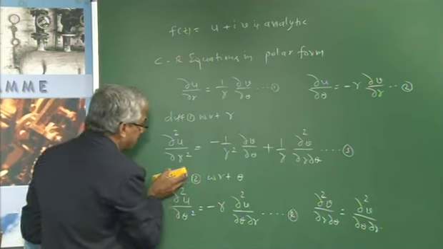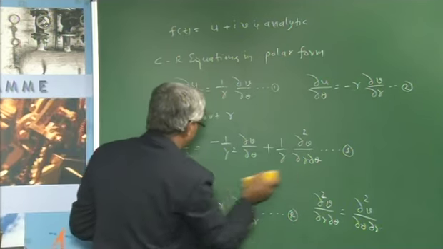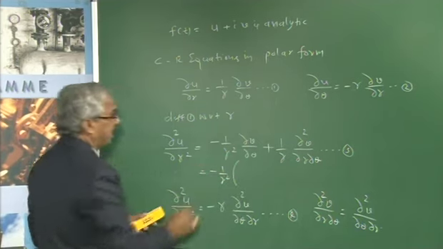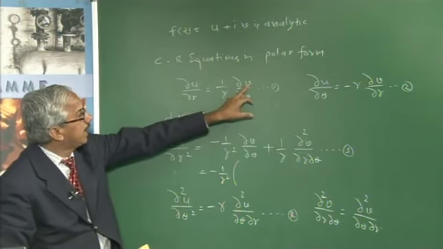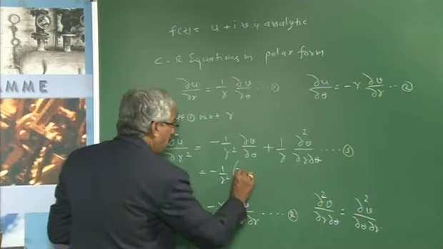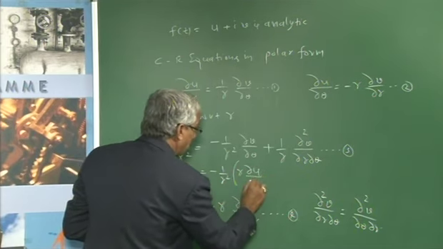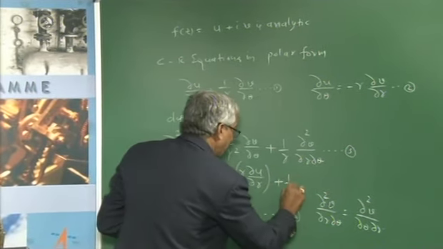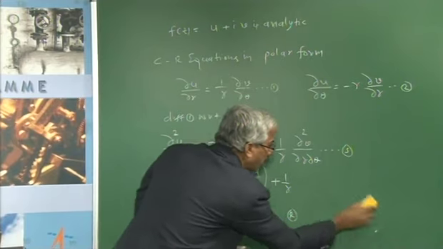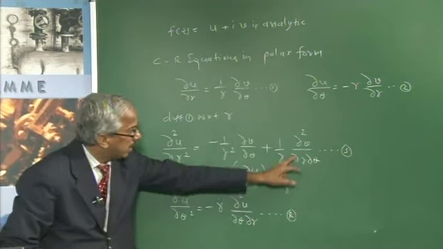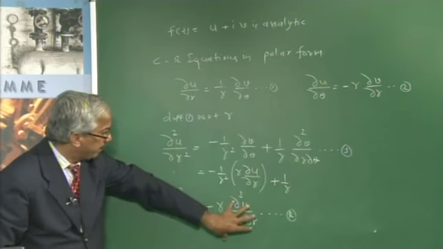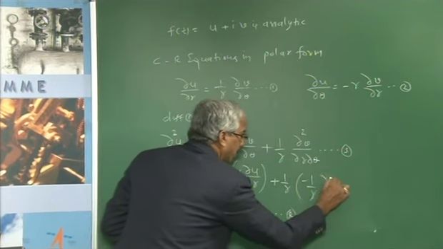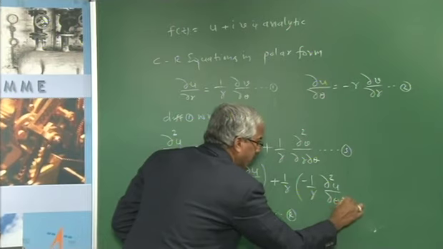So, if I replace these terms, we are going to see that I get minus 1 by r square times, from 1, dou v by dou theta equal to r into dou u by dou r, that is from the CR equation, plus 1 by r into dou square v by dou r dou theta, which can be obtained from this relation, that is from minus 1 by r into dou square u by dou theta square.